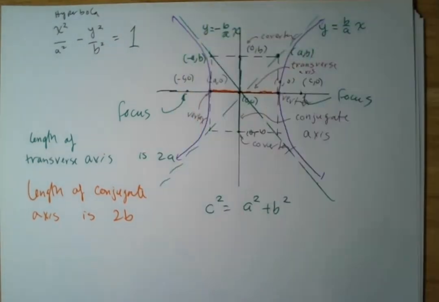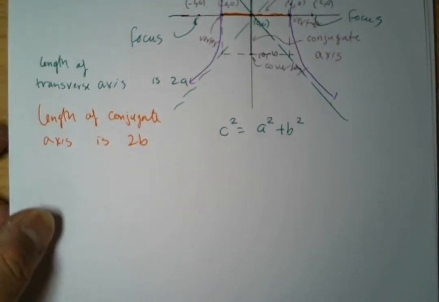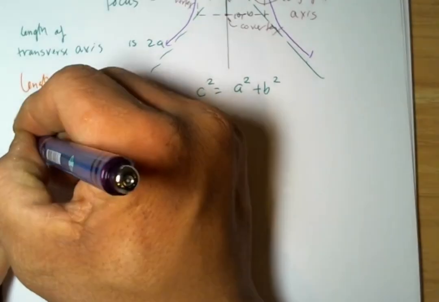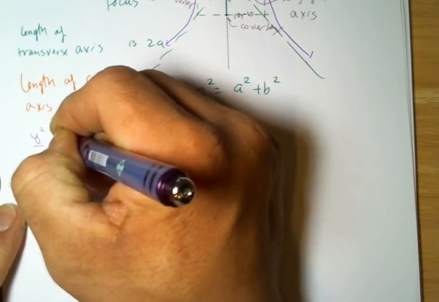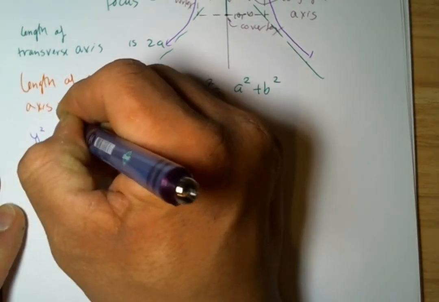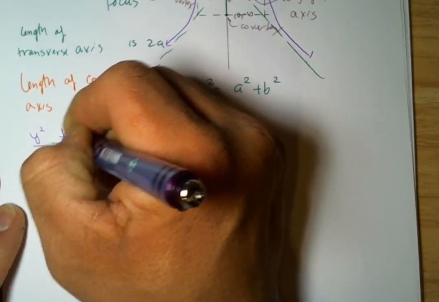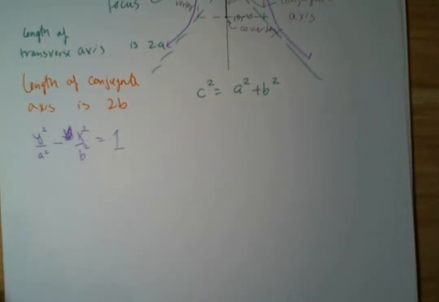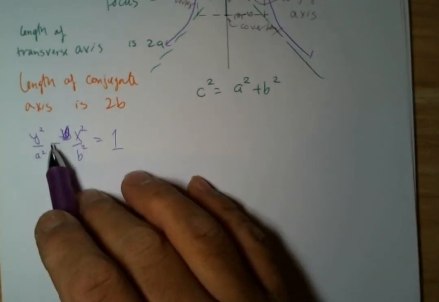Now in the case where we have the hyperbola where we have y squared over a squared minus x squared over b squared equals 1, we switch around what goes to the left of the minus.